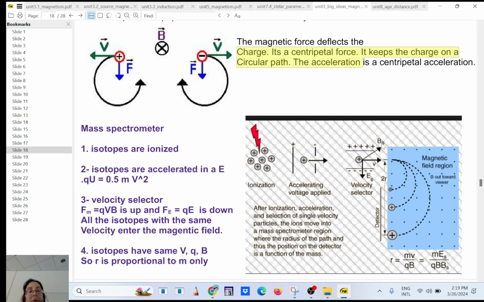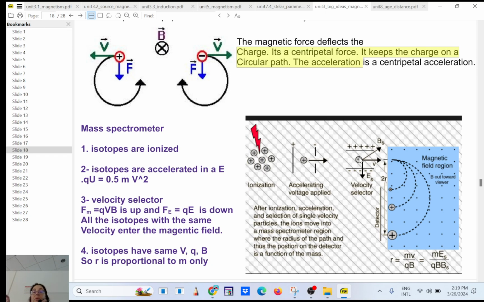Now you also apply a magnetic field into the screen. So let's review. You take your right hand. From you, your velocity is going this way. The magnetic field is in the screen, so the magnetic force will be up.